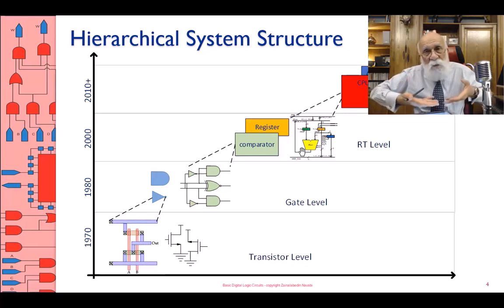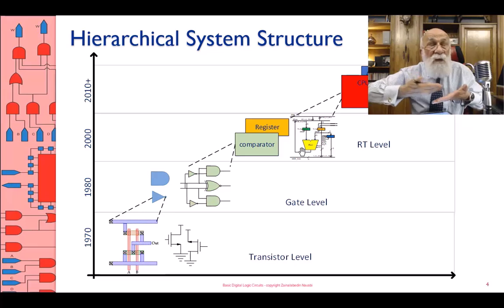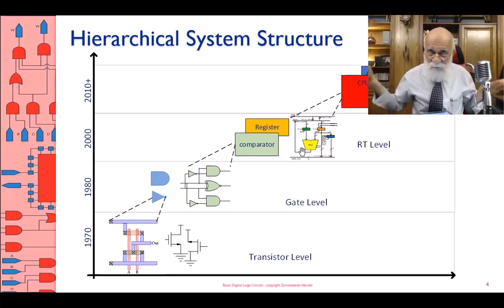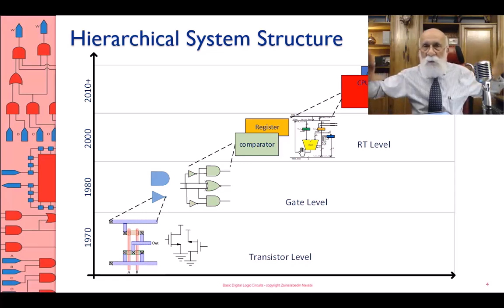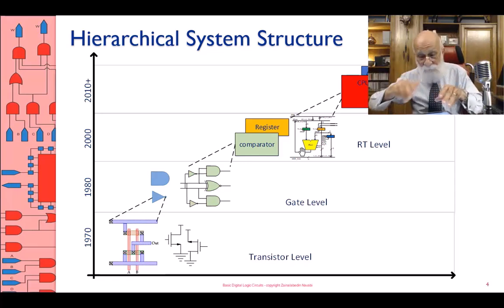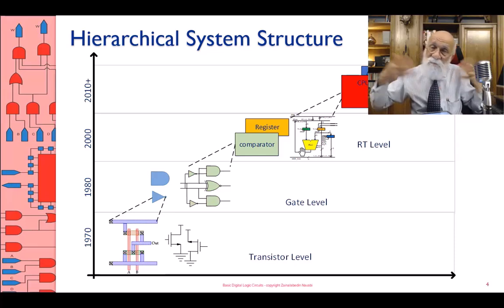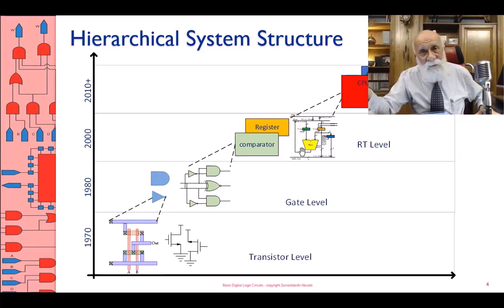And then what you do, you go one level up. You go from transistor layer level or layout level up to the gate level. And then you put gates together. You're quite happy. You put gates together and build things. You're good until the number of gates start getting out of hand.